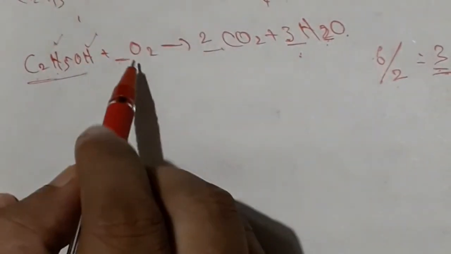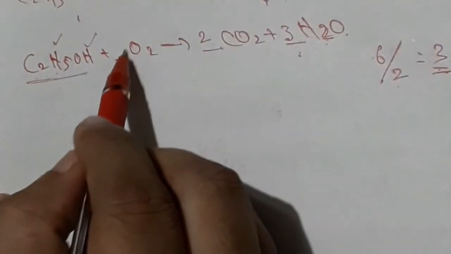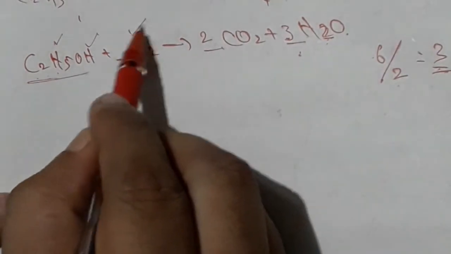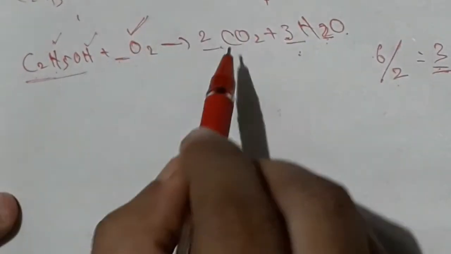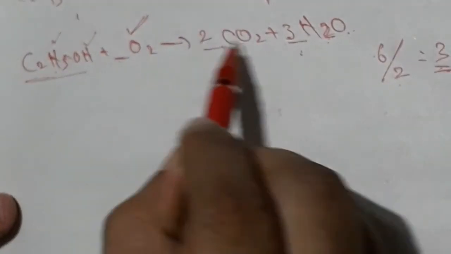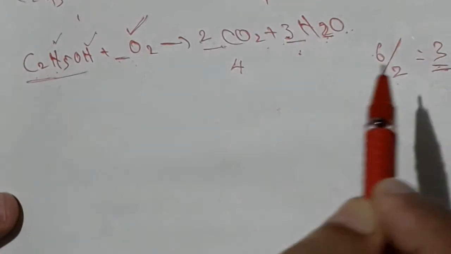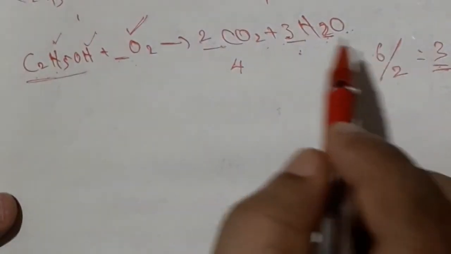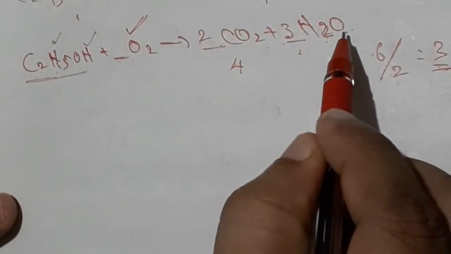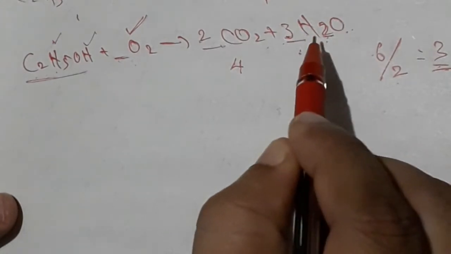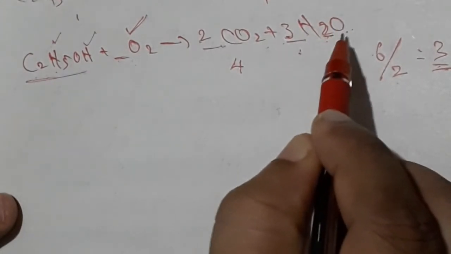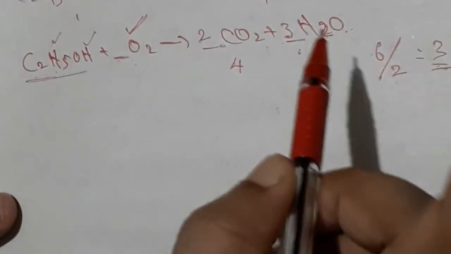Now we have to fill in how many oxygen. Look at how many oxygen on this side: 2 carbon dioxide, 2 times 2, 4. Then 3 H2O. In H2O, if there is no number, it means it is 1.